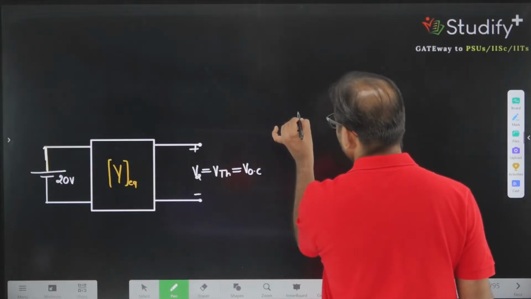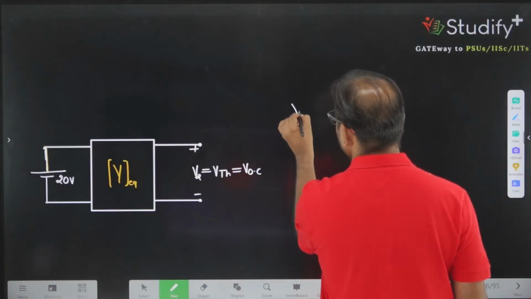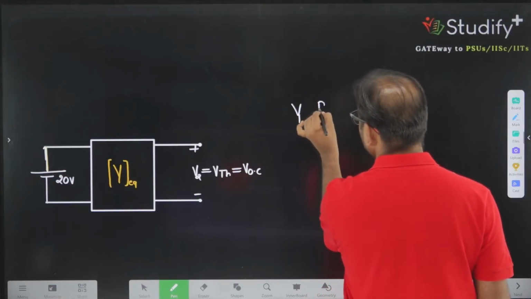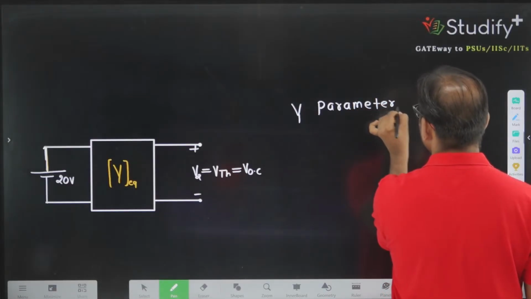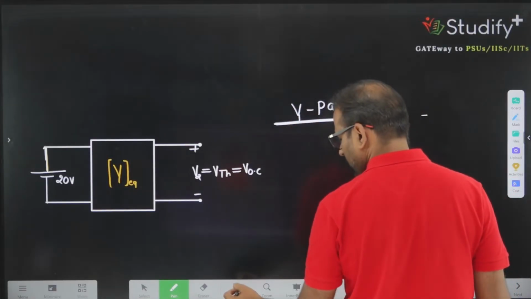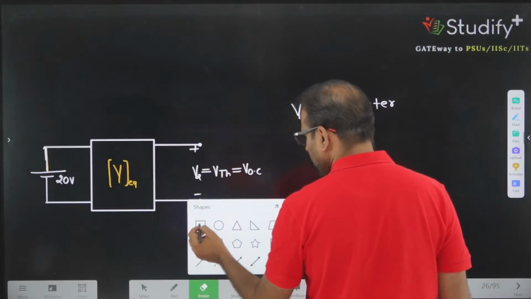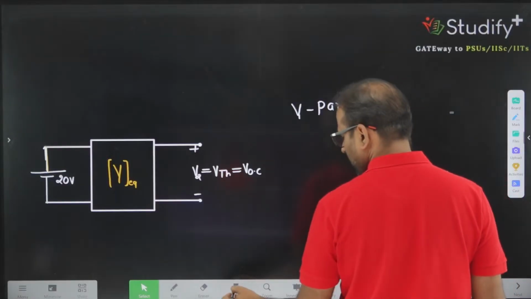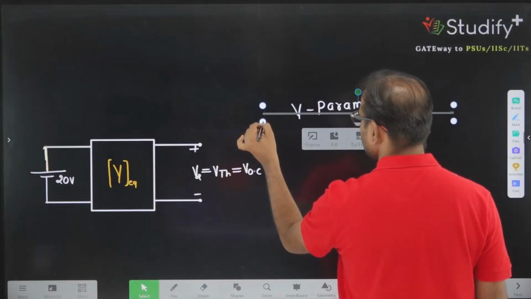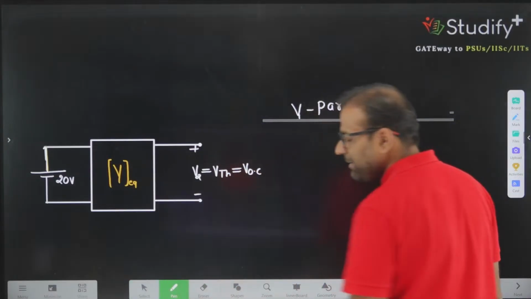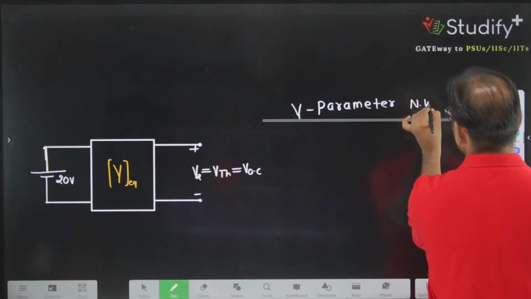Y parameter for network number 2. And what is your network number 2?